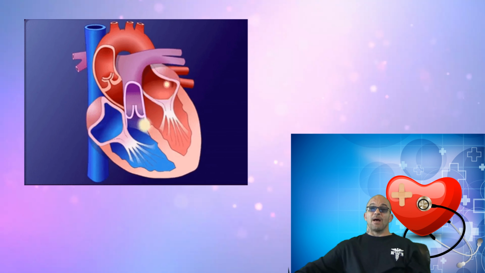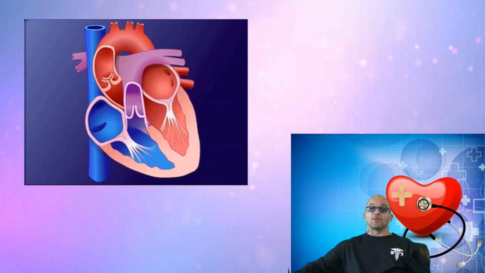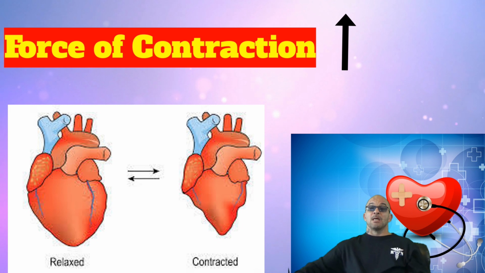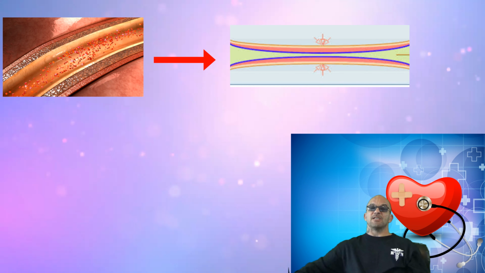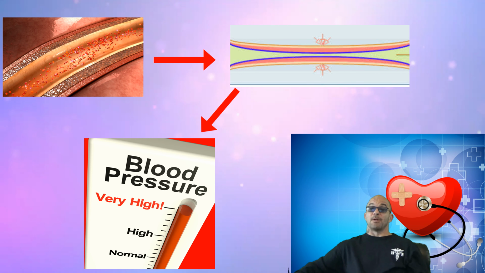Calcium is also heavily involved with electrical conductivity and impulse transmission. Calcium increases the force of the heart's contraction. It also impacts vascular smooth muscle contraction, which results in vasoconstriction, which in turn increases the blood pressure.